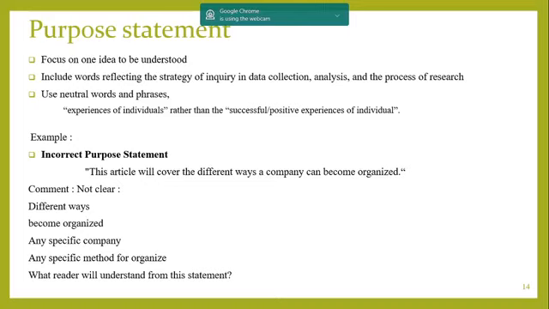And they said become organized. In which way is it organized? They're talking about the organization structure? You don't know. So this statement gives so many doubts and confusions to us. That is the reason we are saying that it is an incorrect purpose statement.